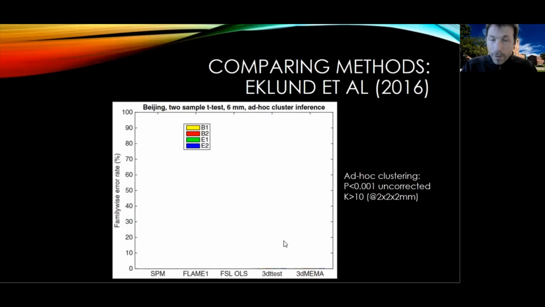It does happen often that people will do a cluster correction at 0.001 uncorrected, and then impose at least, let's say, 10 contiguous voxels. In other words, I'll use 0.001 to get my peaks, but then I need a cluster of at least these many voxels to be considered a chunk.